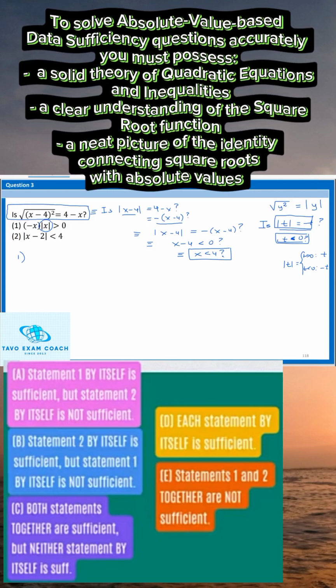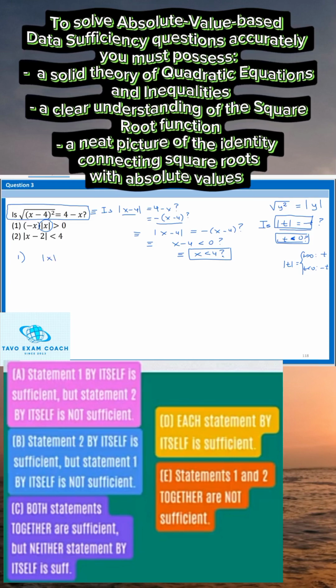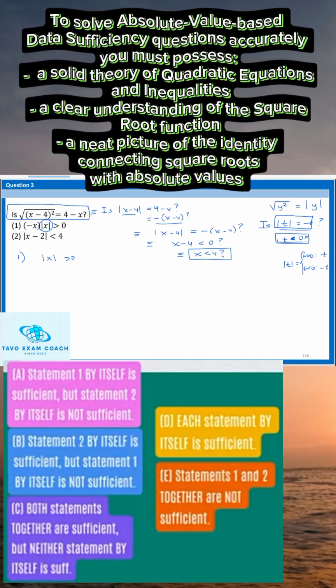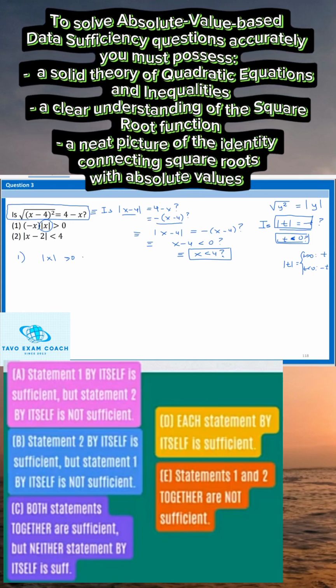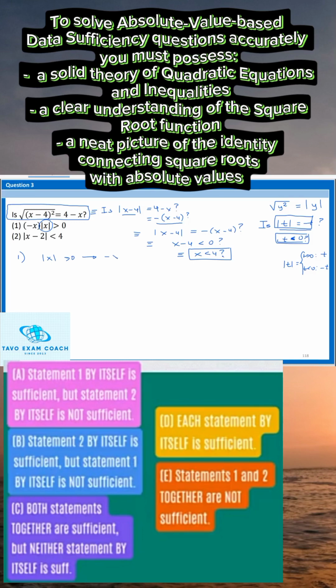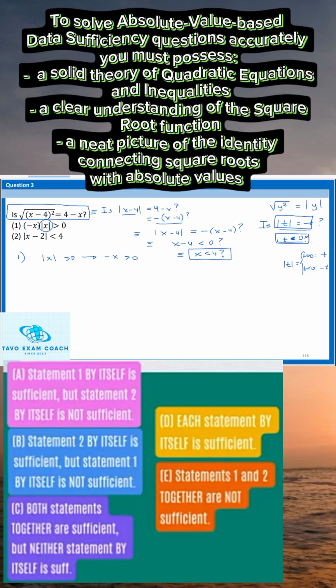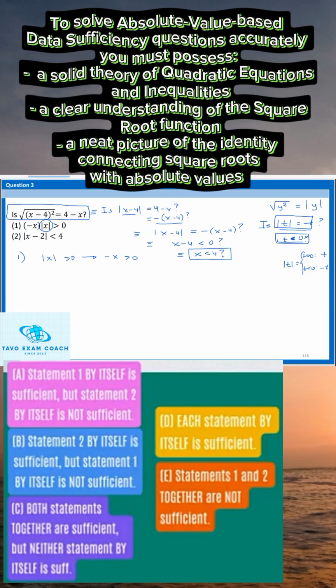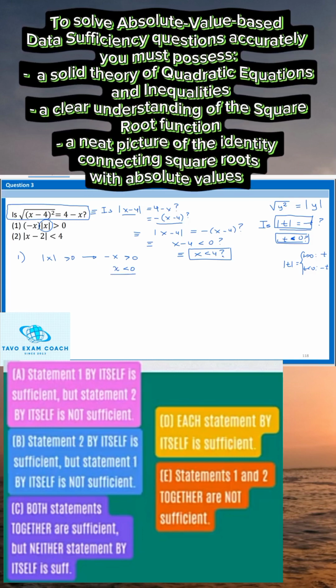Is an absolute value ever negative? No, an absolute value is always greater than or equal to 0. So, for this product to be positive, the other factor, that is negative x, must be greater than 0 as well.